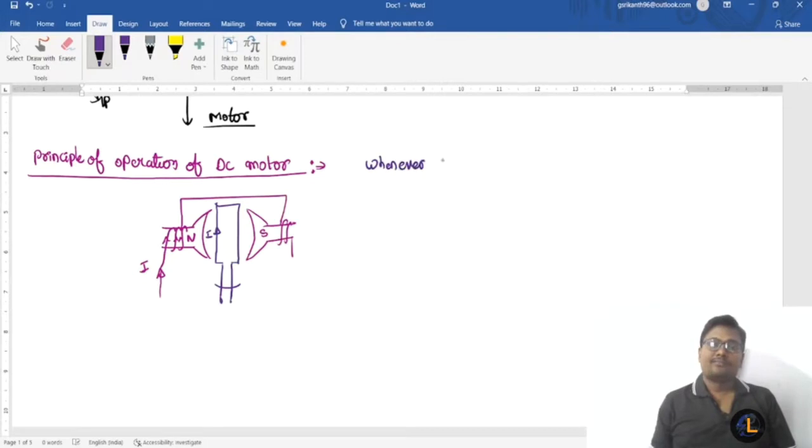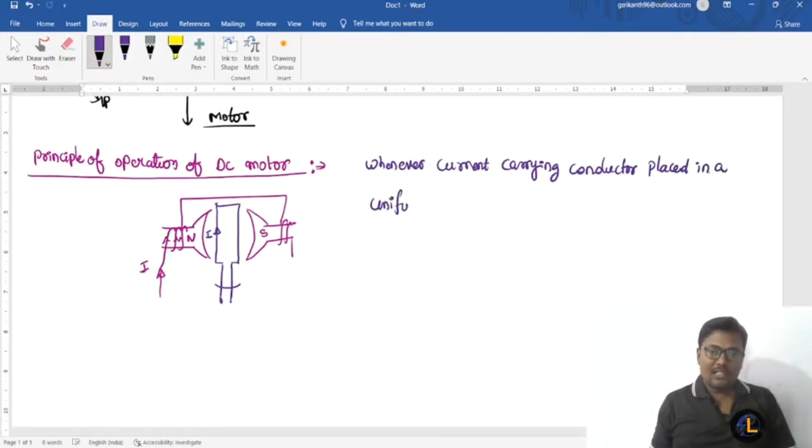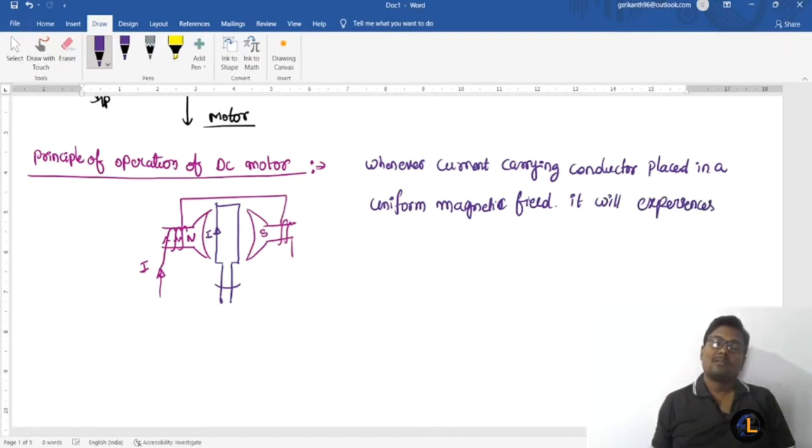Whenever a current carrying conductor is placed in a uniform magnetic field or a steady magnetic field, which is produced by the DC supply, it will experience a force.